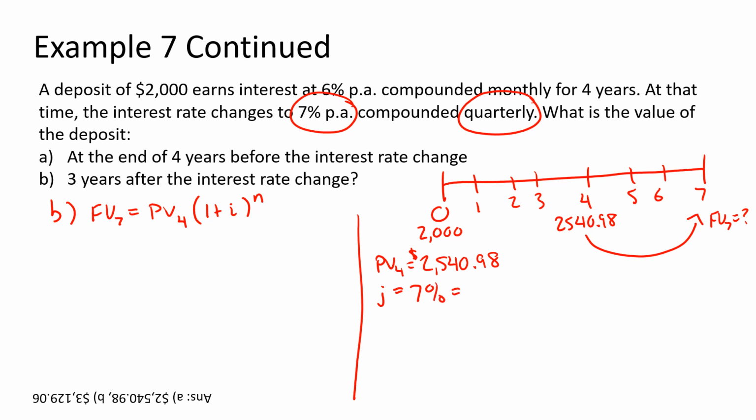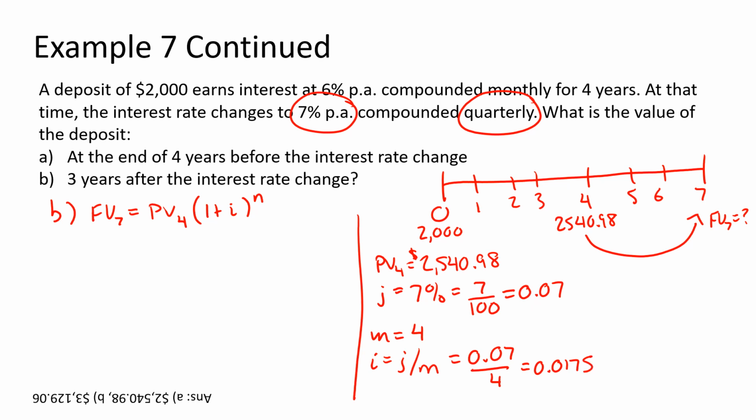Converting that to a decimal, remember you take 7 divided by 100, removing the percentage sign, which is equal to 0.07. Our number of compounding periods per year is quarterly, so that means m is 4, 4 times a year. So our periodic interest rate i is equal to j divided by m, which is 0.07 divided by 4, or 0.0175.